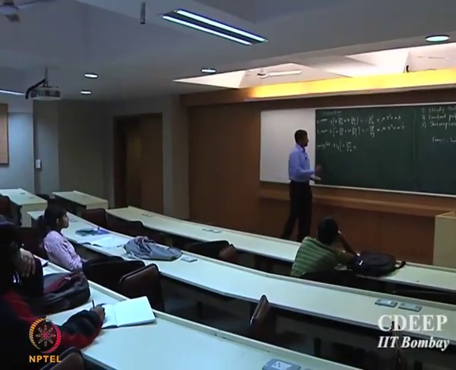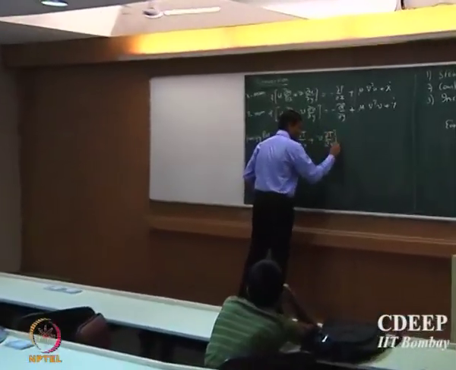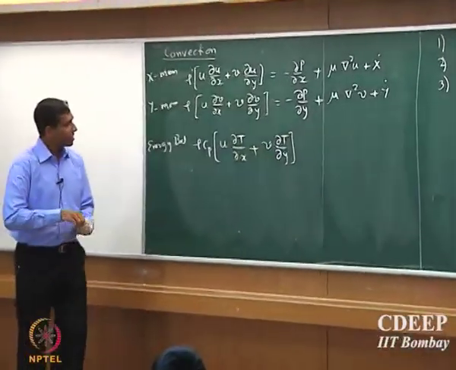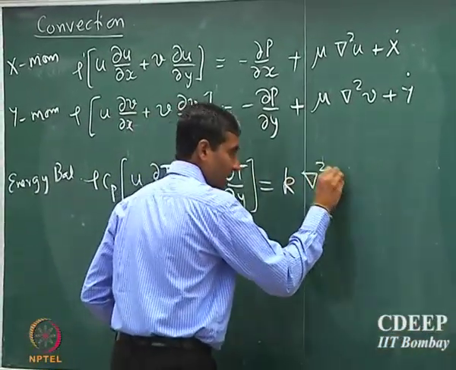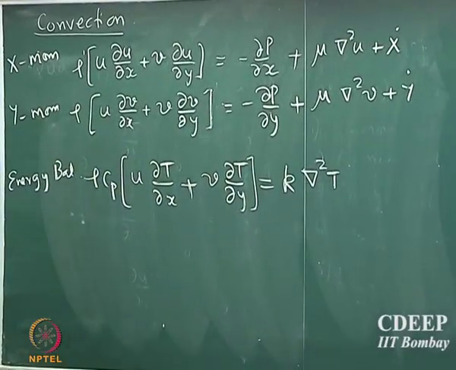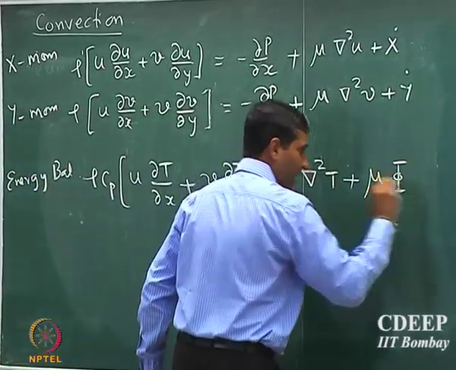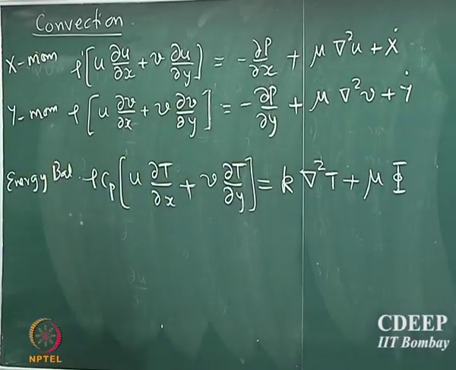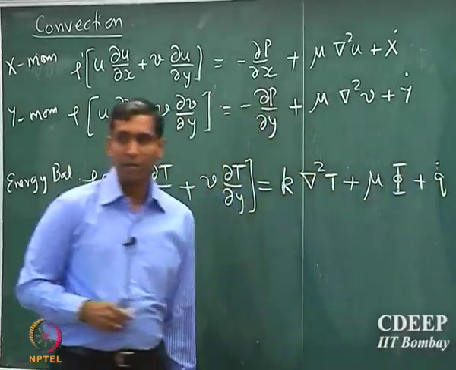Plus V dou T by dou Y, so that's your convection term, and that should be equal to the conduction term, del square T. The Laplacian is the mathematical representation for conduction, plus the viscous dissipation. I put capital phi as the viscous dissipation term, plus the heat generation per unit volume.